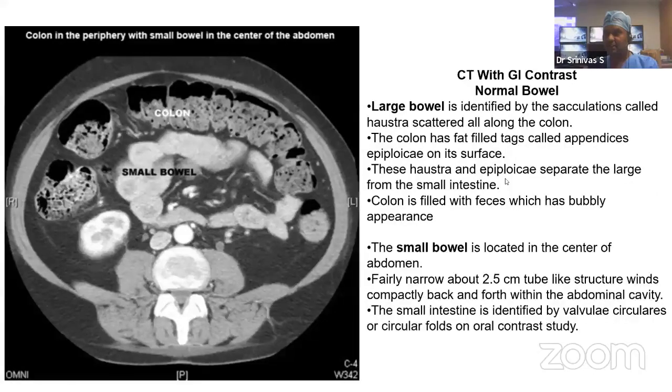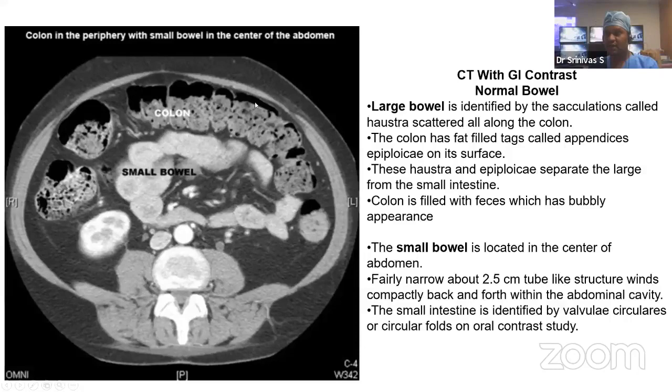This is a CT scan of a normal patient who presented with stool impaction. Here you can see the colon, small bowel, and large bowel. The large bowel is identified by the sacculations called haustrations. These are the haustrations here.